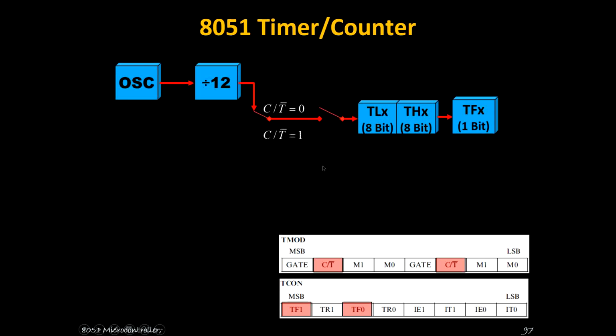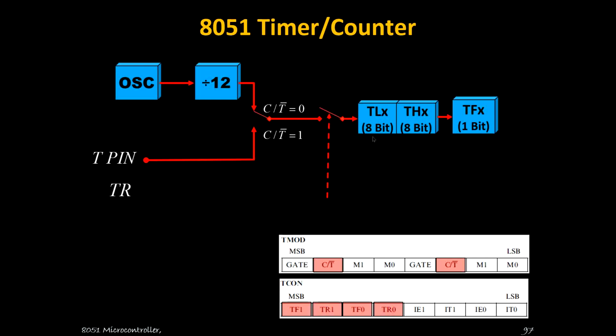When C bar T (complement) is equal to 1, it acts as a counter. At that time your direct timer pin is connected to your timer, with no need of oscillations, because the counter has started from the initial value, and then we can use the timer registers as a counter.